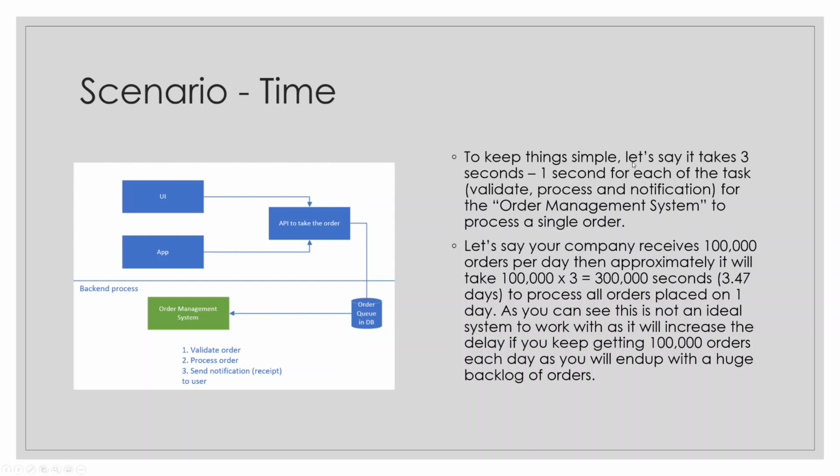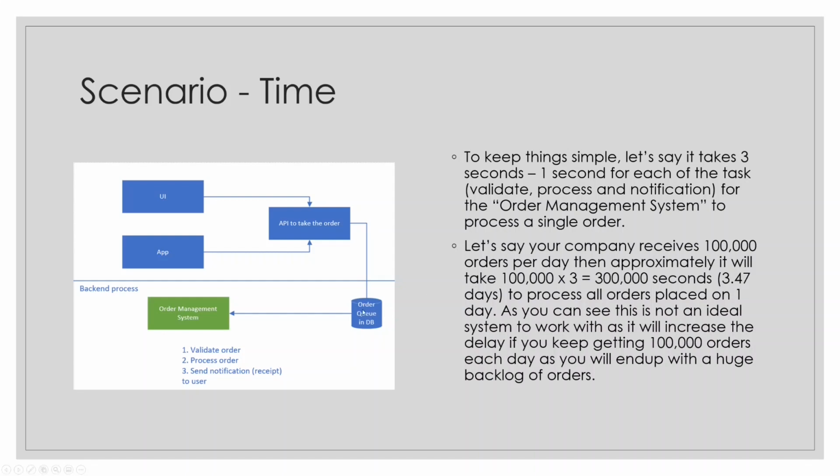To keep things simple, let's say that it takes 1 second for each of these tasks. So it takes 1 second to validate the order, 1 second to process the order, and 1 second to send a notification to the user. So what that means is it's going to take 3 seconds to process a single order, which comes into this order queue.